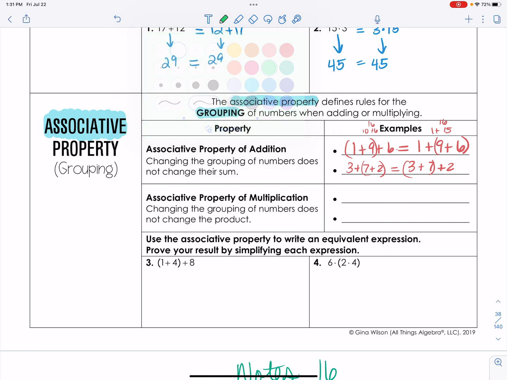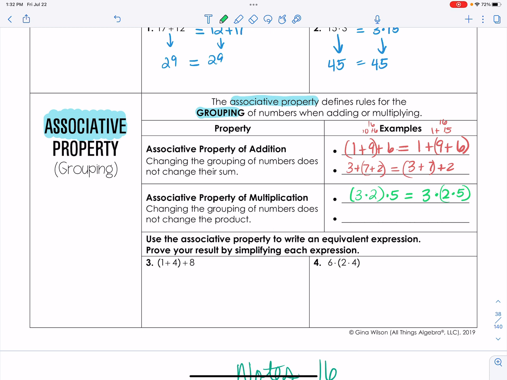The same thing works for multiplication. If I had 3 times 2 times 5, and I still did 3 times 2 times 5, but I moved the parentheses, in the first one I'd have 6 times 5, which is 30. In the second one, I would have 3 times 10, which is also 30.